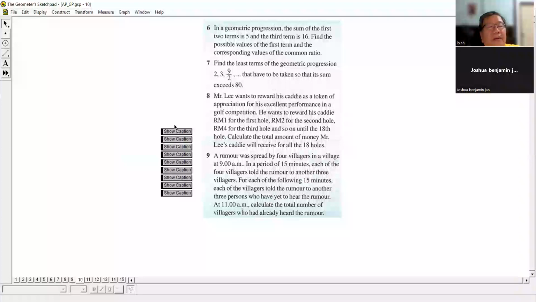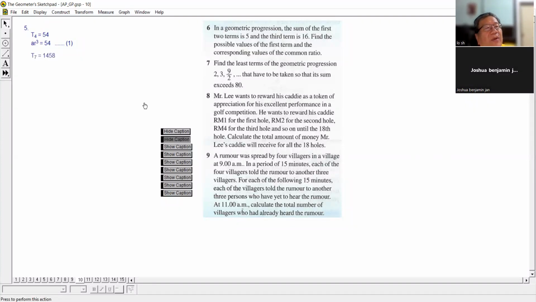Okay, how to do it? First one, we say the 4th term is 54. So T4 is 54. Now what is T4? AR to the power of 4, is it? No. It is AR to the power of 3, 1 less.